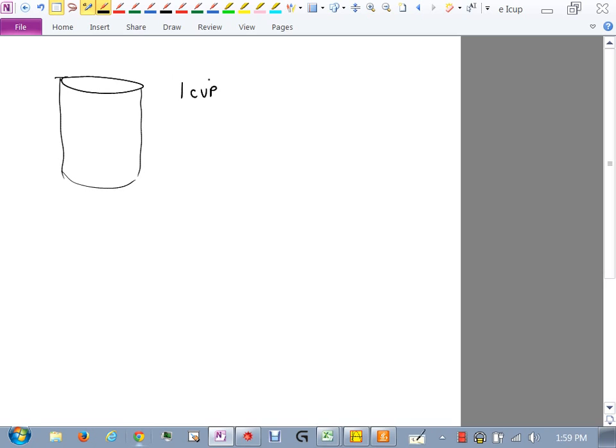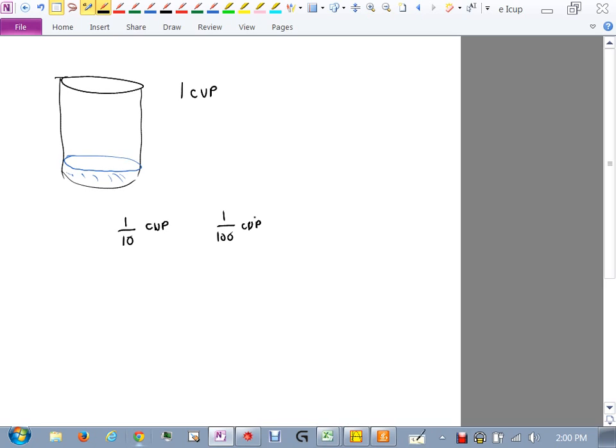The first thing I'm going to do is put in 1/10 of a cup. I have a way of measuring exactly 1/10 of a cup, and I pour it in there. So here's my 1/10 of a cup inside here. And then after I've done that, I pour in 1/100th of a cup.